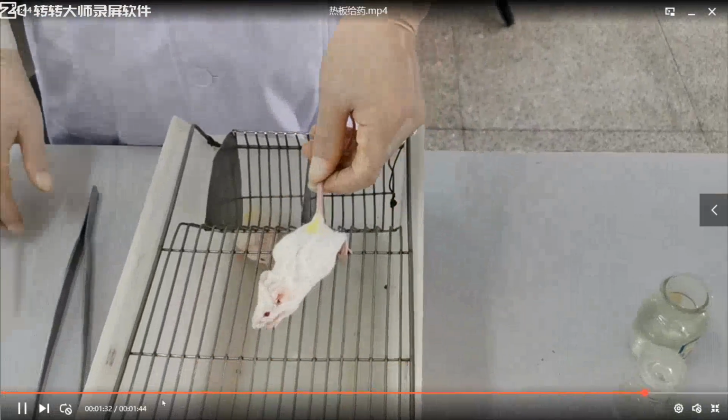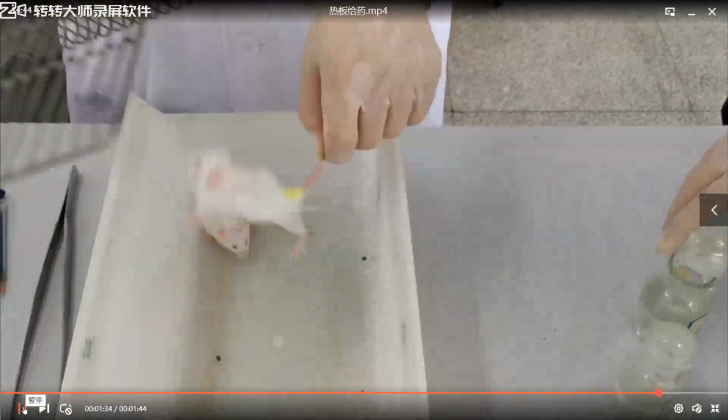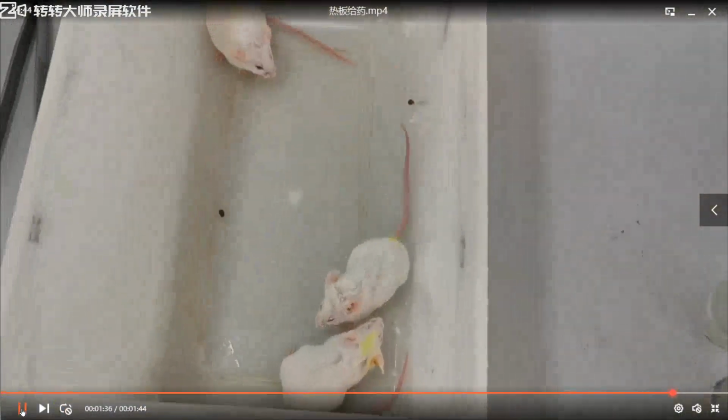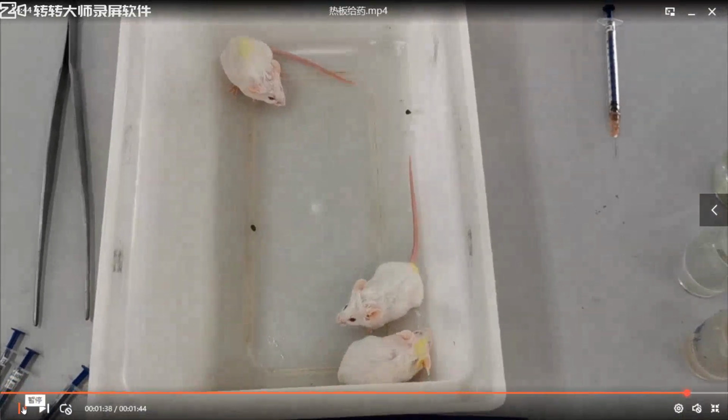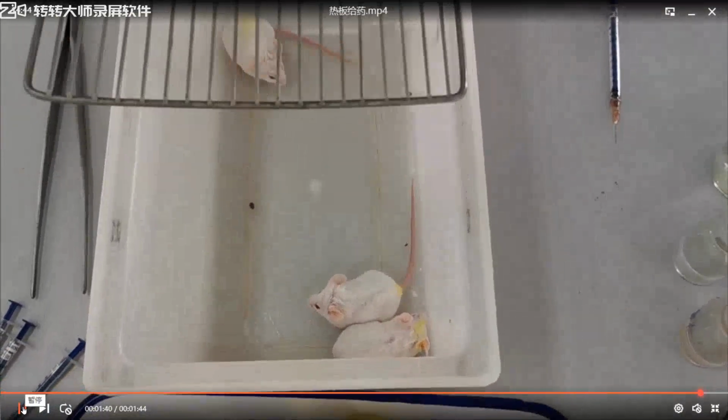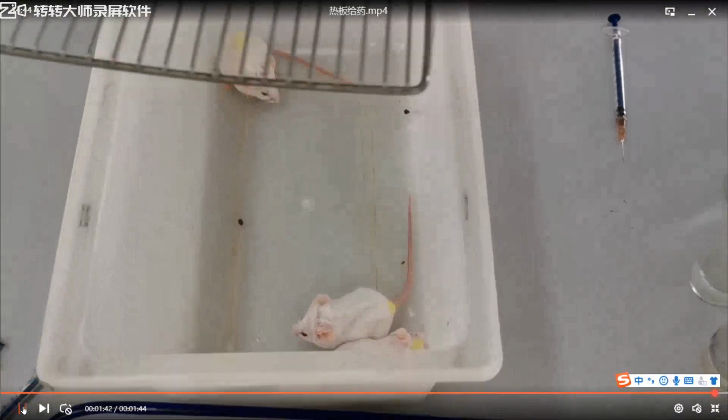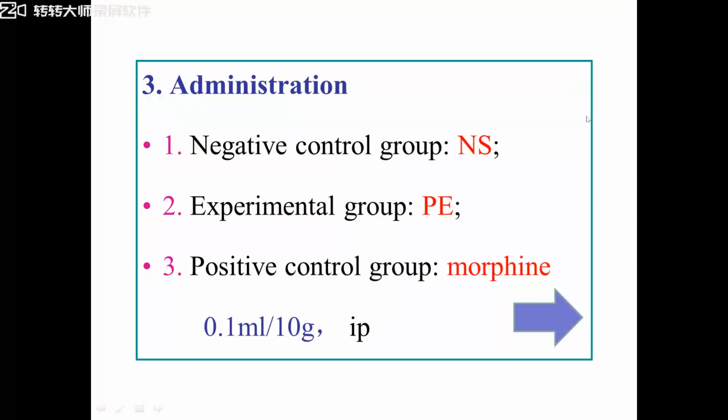After we inject different drugs in different mice, don't forget to record the time. Okay, just now the first one, we injected normal saline. The second mouse, injected PE. And the third one, intraperitoneally injected morphine.